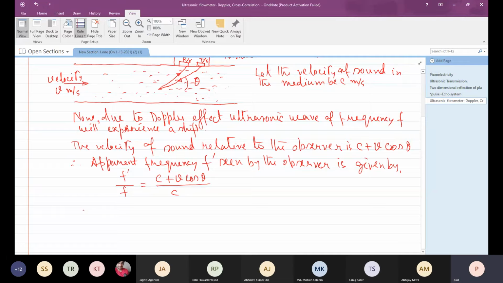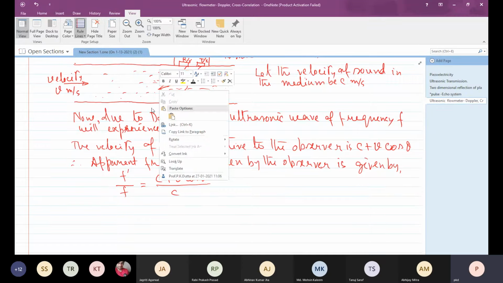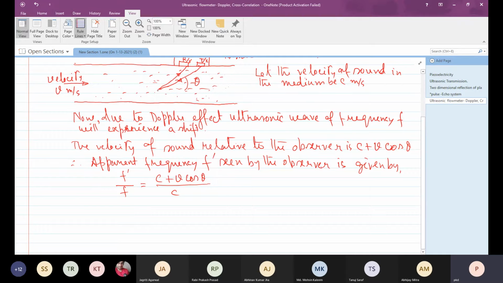So basically what is happening is that when the source transmitter transmits the sound wave and excites the particle, the particle is also moving at a velocity v.